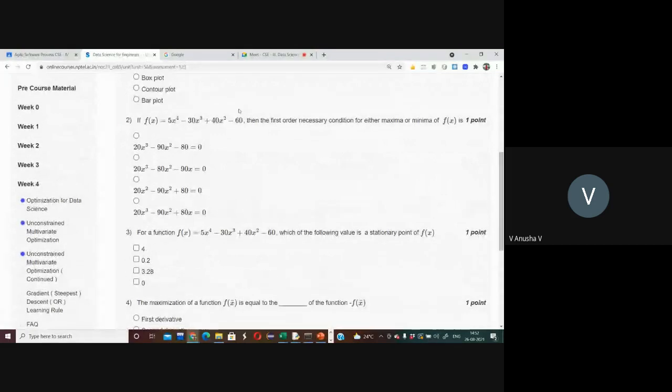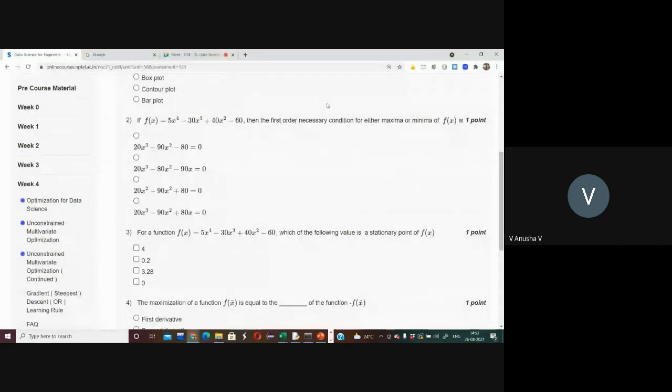Do the problems 2 and 3 and give me the answers. It is in the practice assignment. You can check the second question and third question and give me the answers.